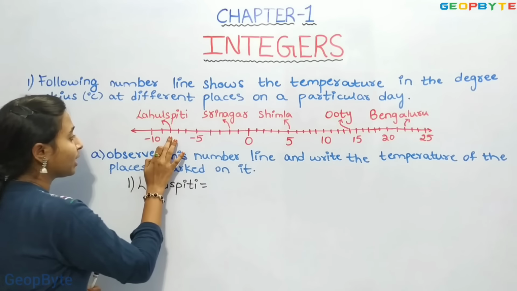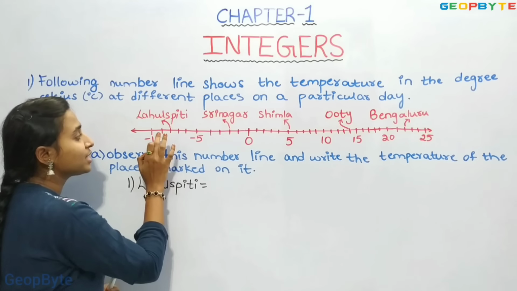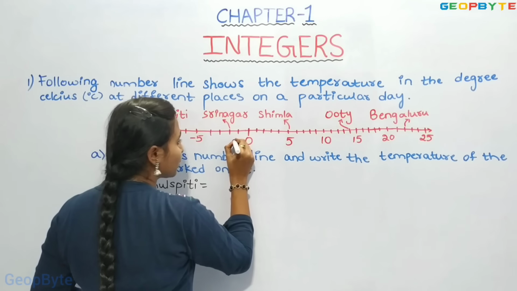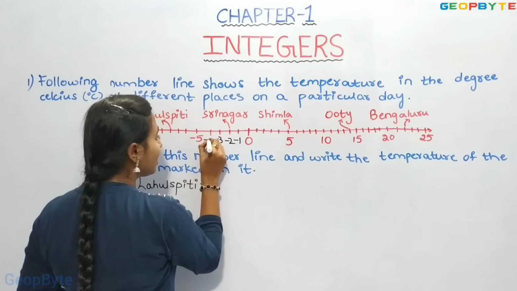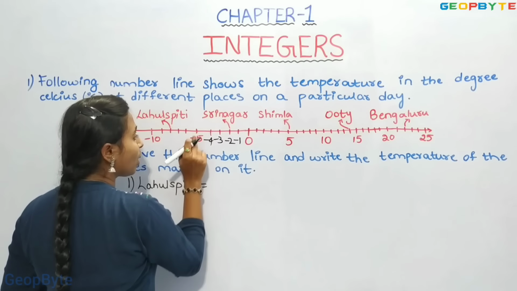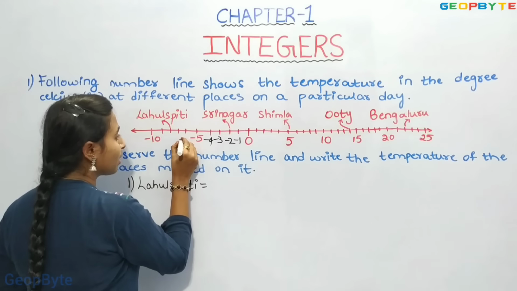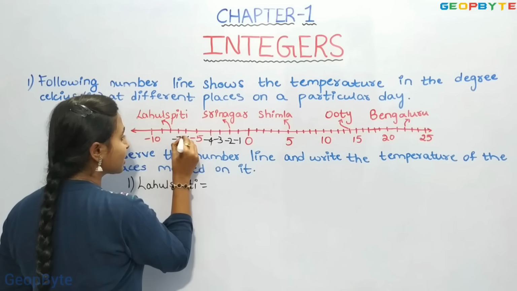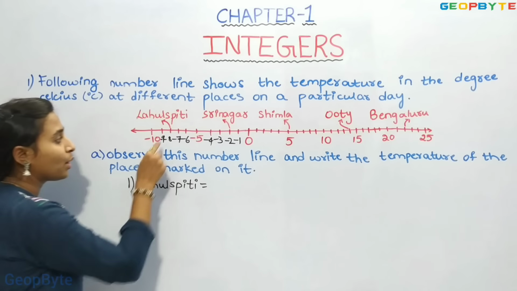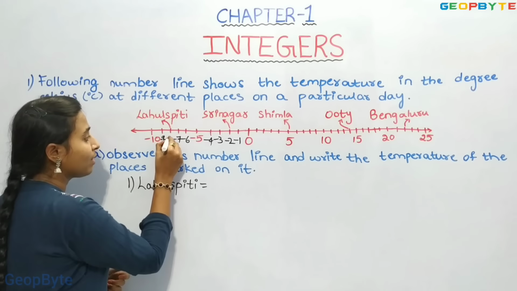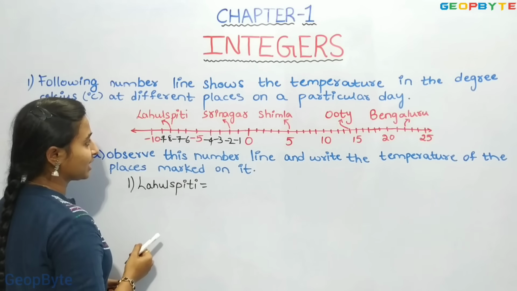Now here what did we get? -8. I'll write and show. -1, -2, -3, -4. Already -5 is given. -6, -7, -8, -9. Now at this point I have -8 degrees Celsius.